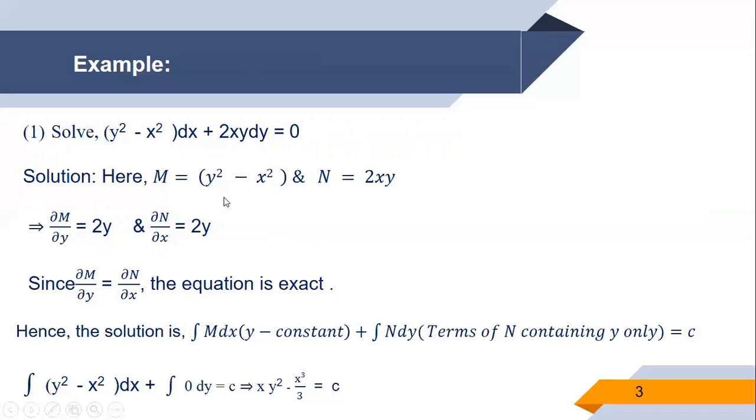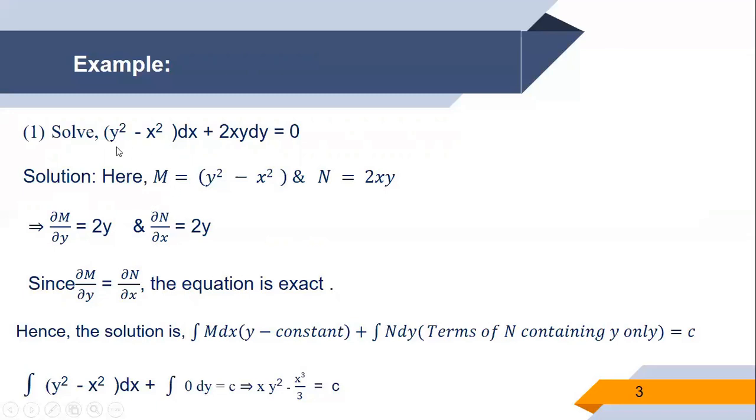Now we find the partial derivatives. Del M by del y is equal to 2y and del N by del x is also 2y. Since del M by del y is equal to del N by del x, therefore the equation is exact.